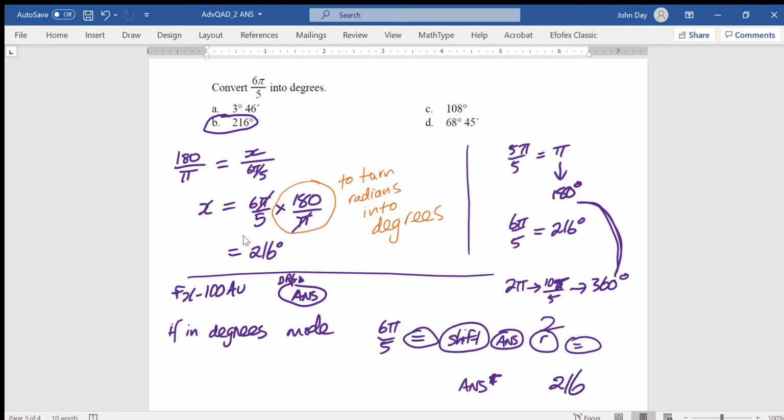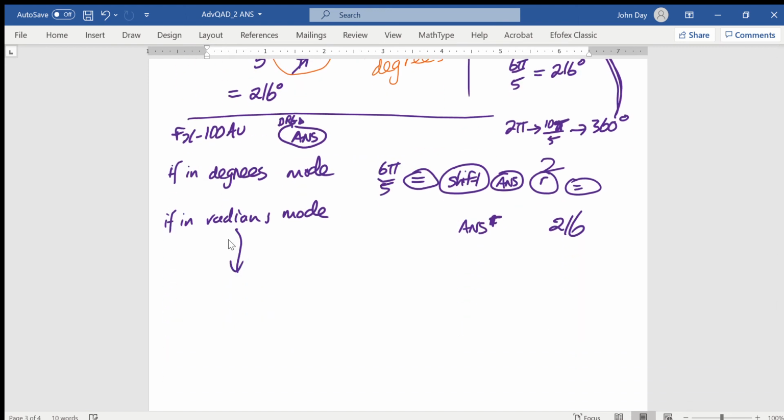Now, if I was in radians mode, then I could test each of the answers. I could type 216 and go Shift Answer. I haven't pressed equals; for me, it's a tactic to make sure I press equals so I'm working on an entered number, but you don't actually have to here.